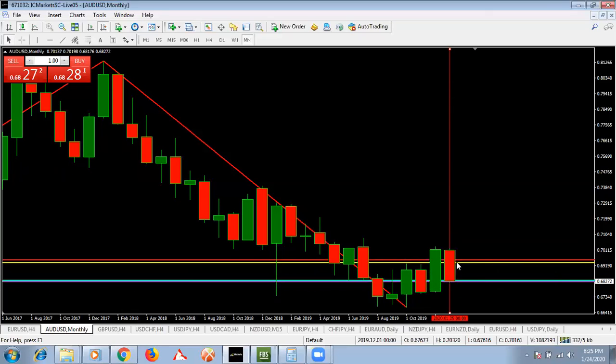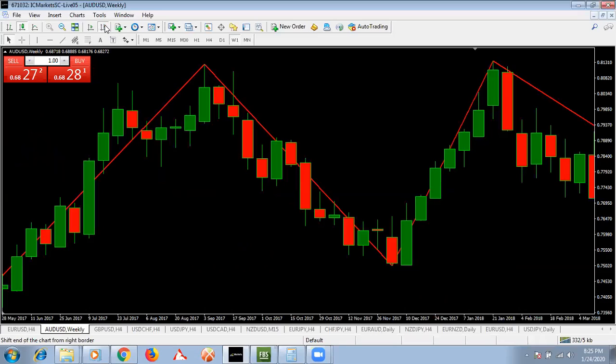That's to tell you that the trend on the monthly time frame is bearish. I use the PV values to determine the sentiment. So the market sentiment using the monthly time frame is what? Bearish.